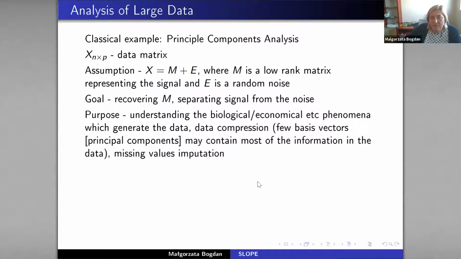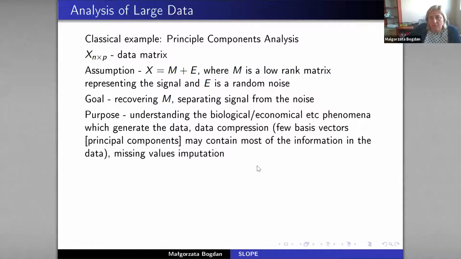So what is the general purpose? Well, we might try to understand the biological or economical phenomena which generate the data. We might want to get data compression, like identifying a few basic directions which span your data and might contain most of the information. So you do not have to keep the whole data matrix in your memory.